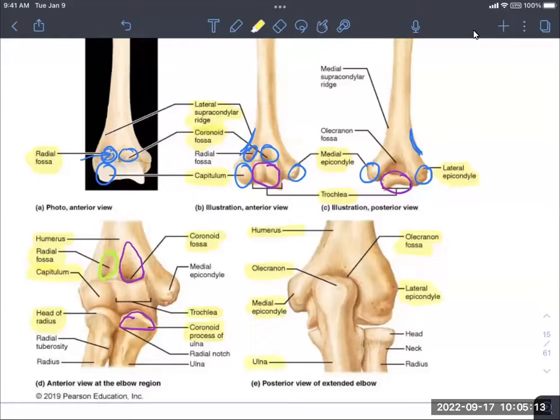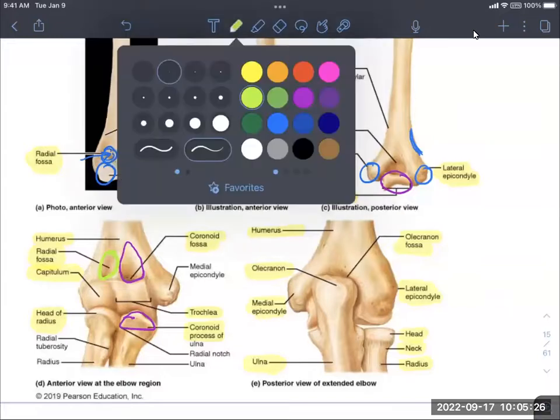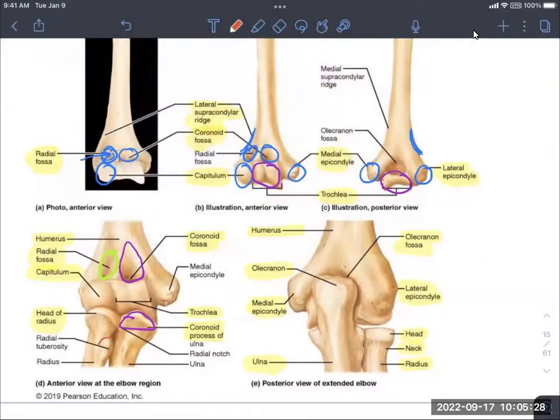You can see the ulna on the left side, and on the right side, we have the head, the neck of the radius. You can also see from picture D back over here, we have this tuberosity. That's your radial tuberosity. That is where the radius and the ulna articulate.